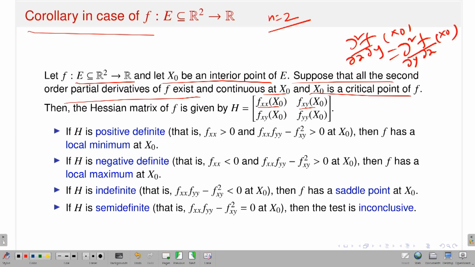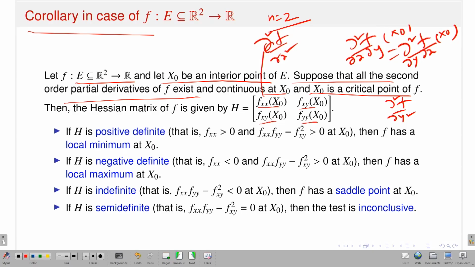That is because my second order partial derivatives exist and are continuous. Whether I do y first, x second, or x first, y second does not matter, all are equal. And the 2 2 element is del 2 f del y square. So, now I have an explicit form for the Hessian matrix.